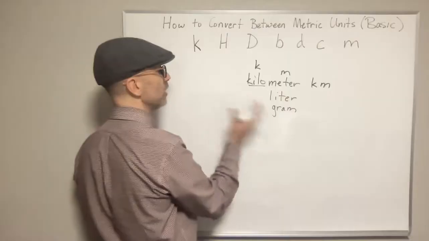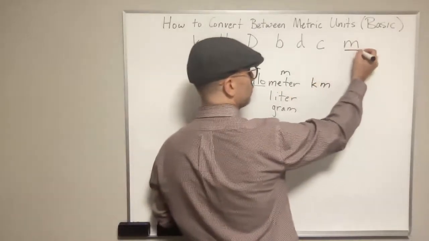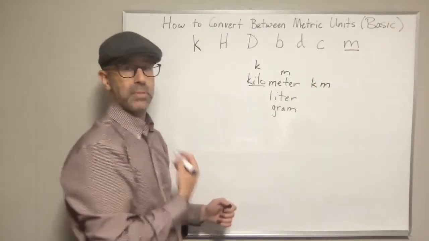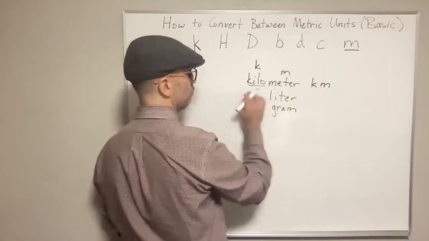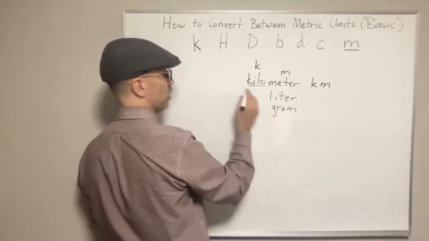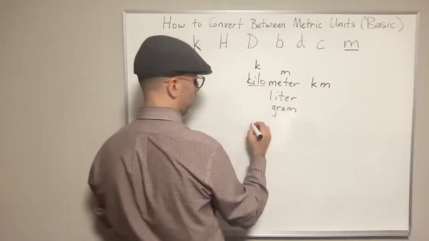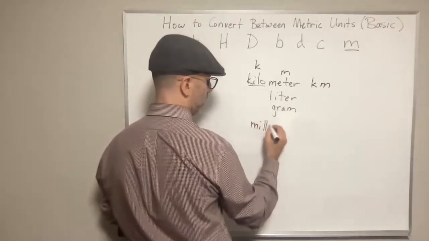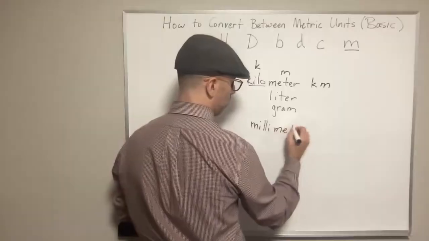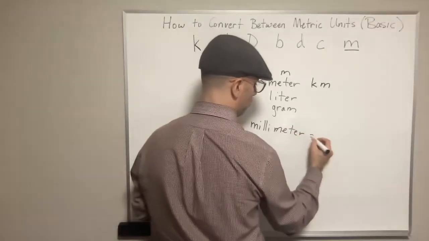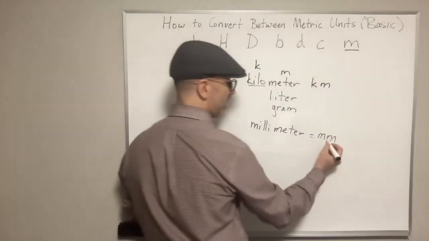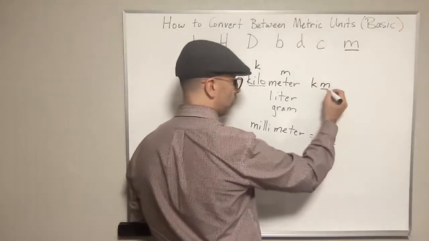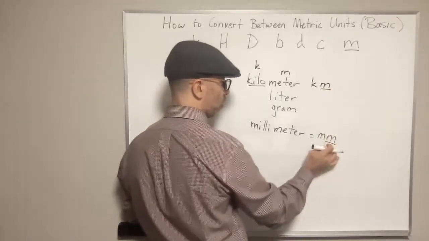If it was millimeter, this small m here is for milli. So instead of kilometer, if we write millimeter, let me write it here, milli and then meter, that would be mm. So the second letter is your base unit letter: m for meter.